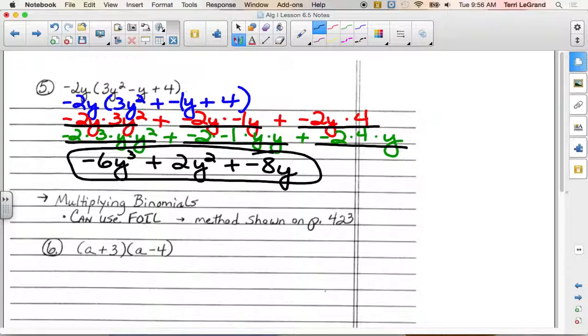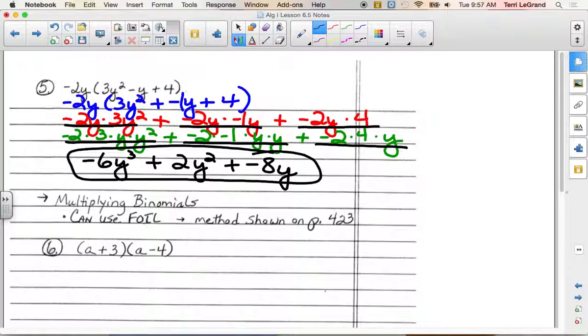First, let's also decide if you agree with me. Okay, first of all, do we agree that the product is negative 6y cubed plus 2y squared plus negative 8y?